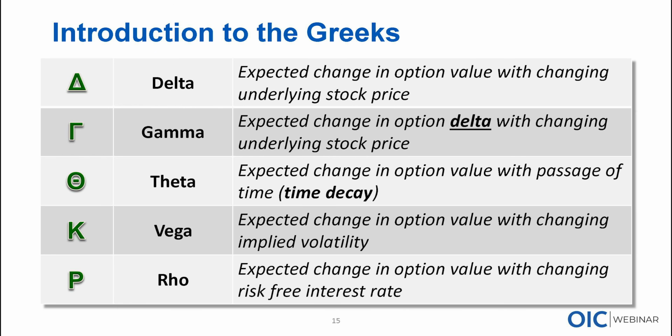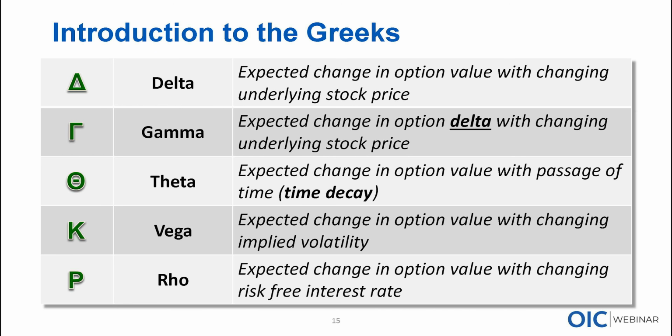Delta, first and foremost, is the expected change in the value of the option in relation to the underlying stock price changing. So for every dollar that the stock price changes, the option is going to change by a certain percentage. That percentage is known as the delta. And we'll explore that in detail in just a moment.